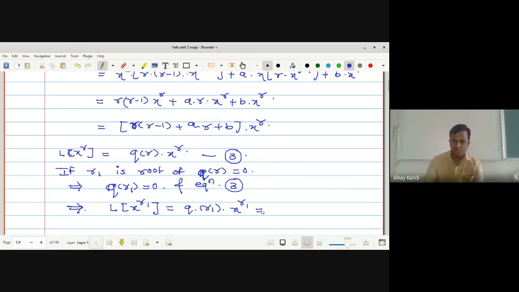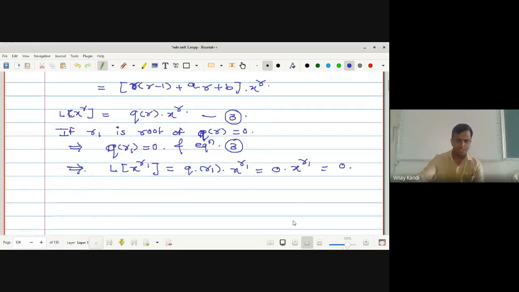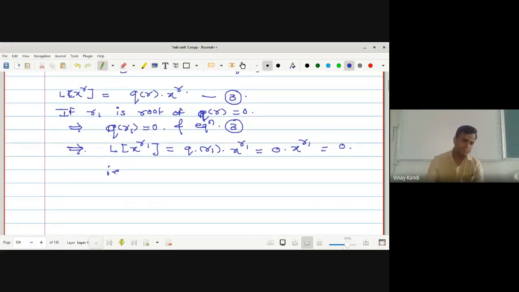Okay, q of r1 is 0 into x raised to r1, which is equal to 0. Okay, so that is L of x raised to r1 is equal to 0, in the first case, when x is greater than 0.